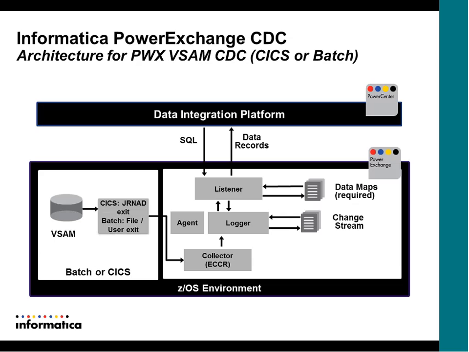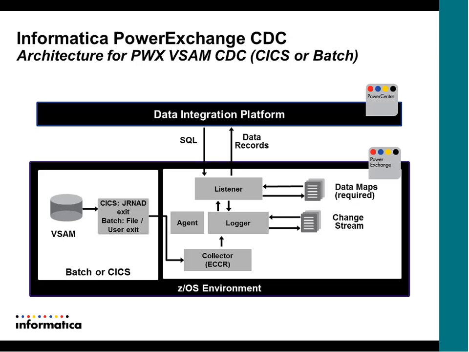The other most common source on the mainframe is VSAM, and we support VSAM both in batch or CICS, where VSAM files can be accessed both in a batch mode or online mode, or a CICS mode. And there are exits that are available from IBM that the collector, or ECCR, uses to capture the changes as they occur, very much similar to the synchronous IMS, and writes them to the logger where they're hardened.